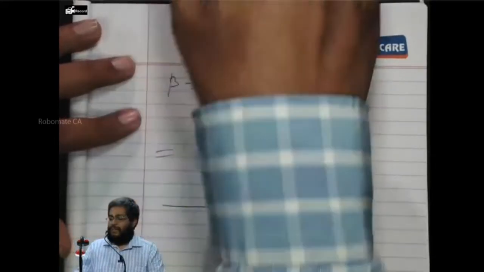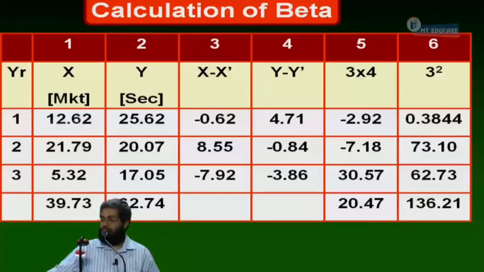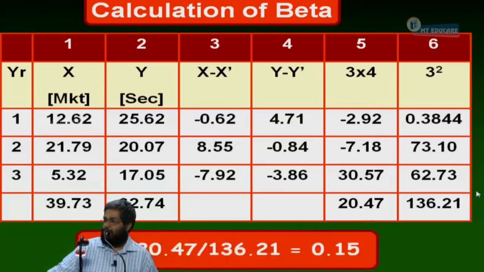Now, are you following? So continue. Beta is equal to, tell me, what is sigma x minus x bar into y minus y bar? 20.47. Substitute: beta is equal to 20.47 divided by, what is sigma x minus x bar the whole square? 136.21.